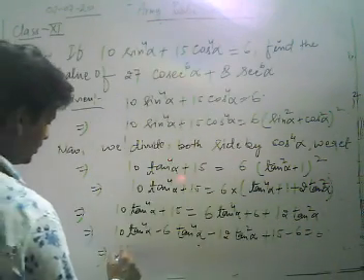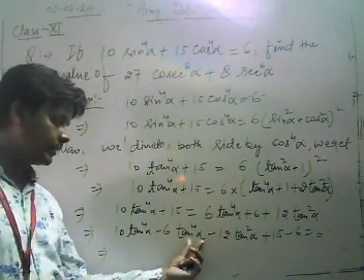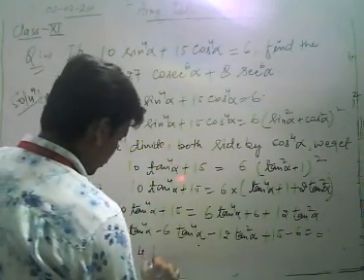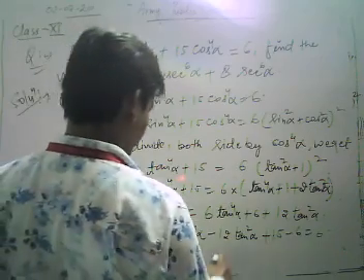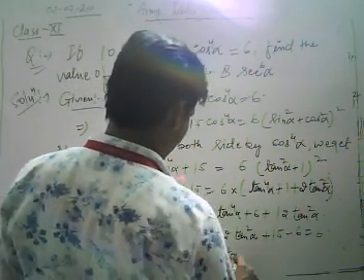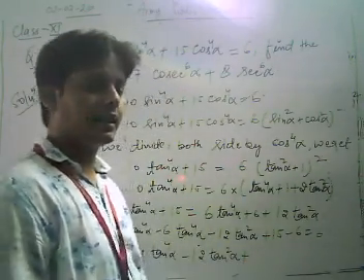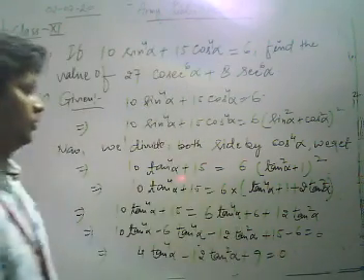Now we get 10 tan to the power 4 alpha minus 6 tan to the power 4 alpha, then 10 minus 6 is 4, that is 4 tan to the power 4 alpha, okay, minus 12 tan square alpha plus 15 minus 6, that is now 9, is equal to 0.